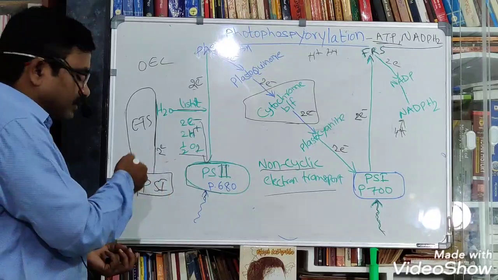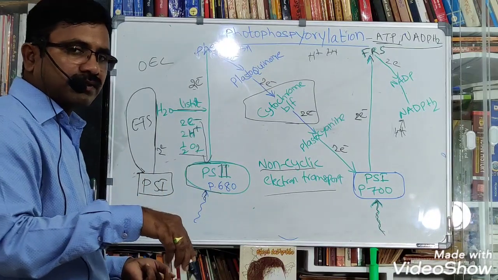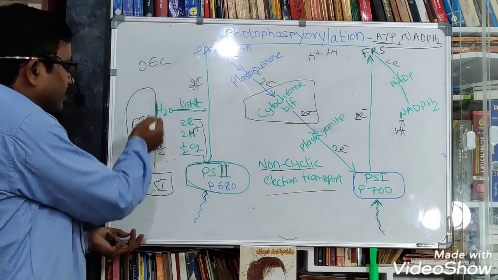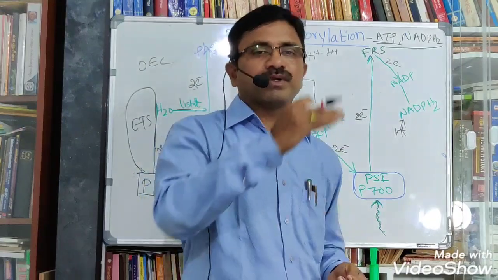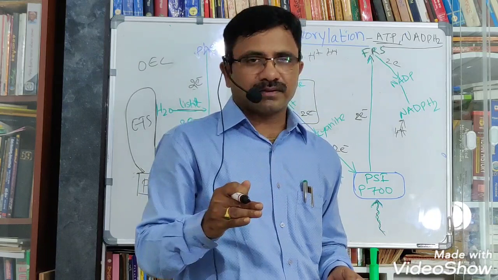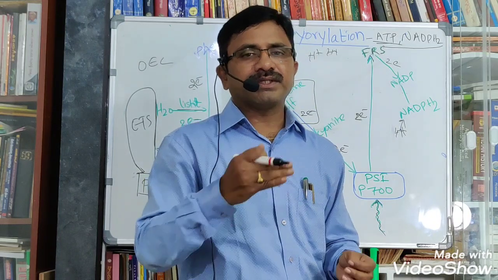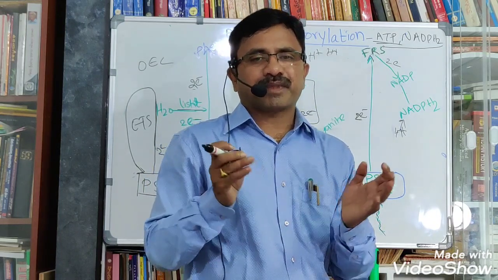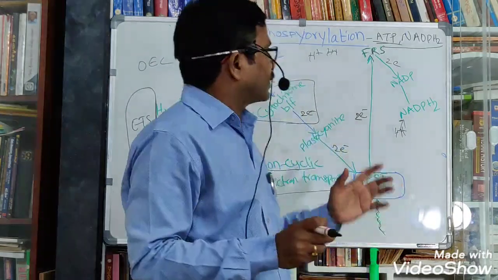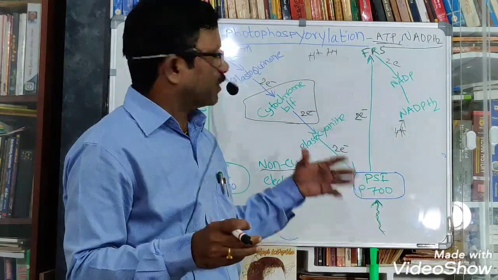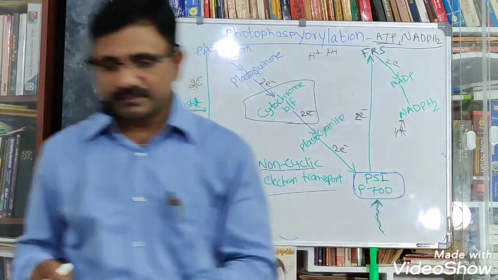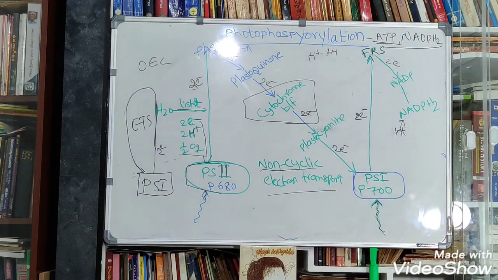In cyclic electron transport also, while electrons move through the electron transport system, protons move from stroma to lumen. So these events form the base for synthesis of ATP. So that is the detail of electron transport.